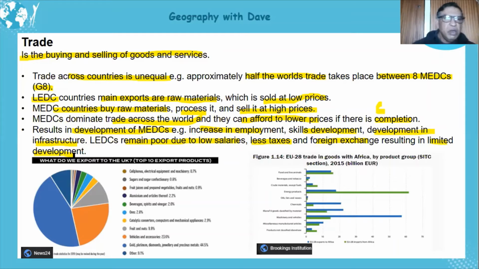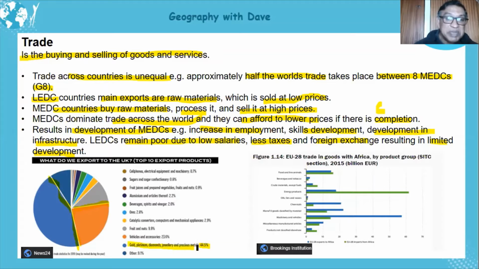Look at this. I want you to see this. What do we, South Africa, export? Can you see? If you look at this, top 10 export products. We export here what we sell to the United Kingdom. Look at this, learners. It's huge. Some accessories, but compared to this, can you see this, which is 44%.